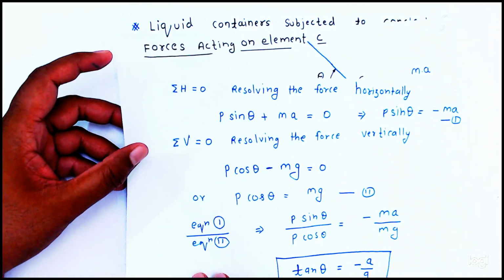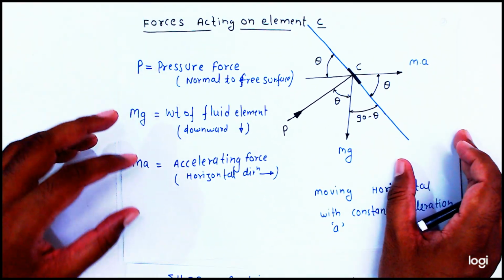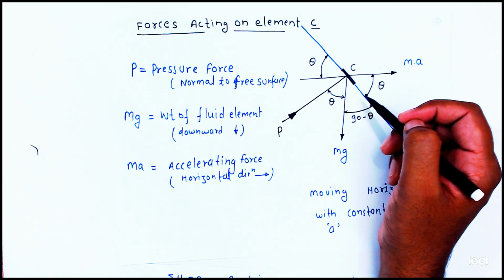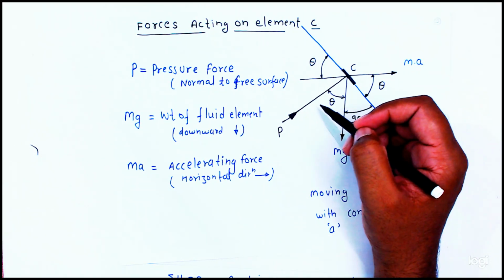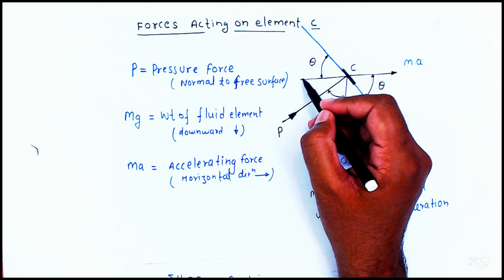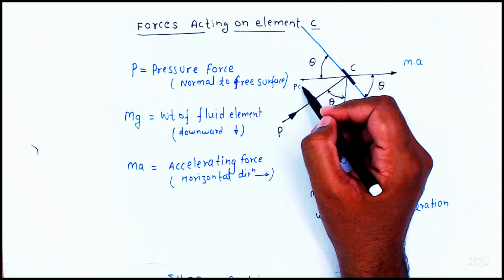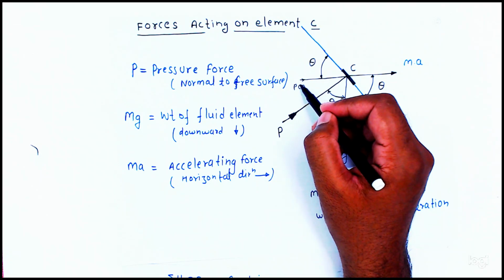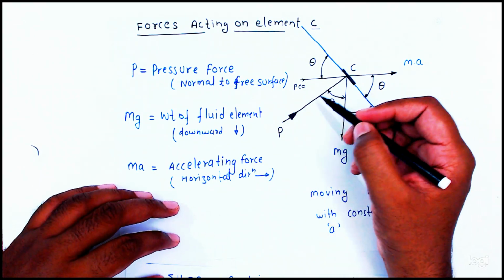So, friends, you see here, what will happen in the vertical direction? If you consider horizontal directions, what will happen in the horizontal direction? First we are considering the horizontal direction. So here, in this direction, this will be P sin theta, sorry, this is the theta.